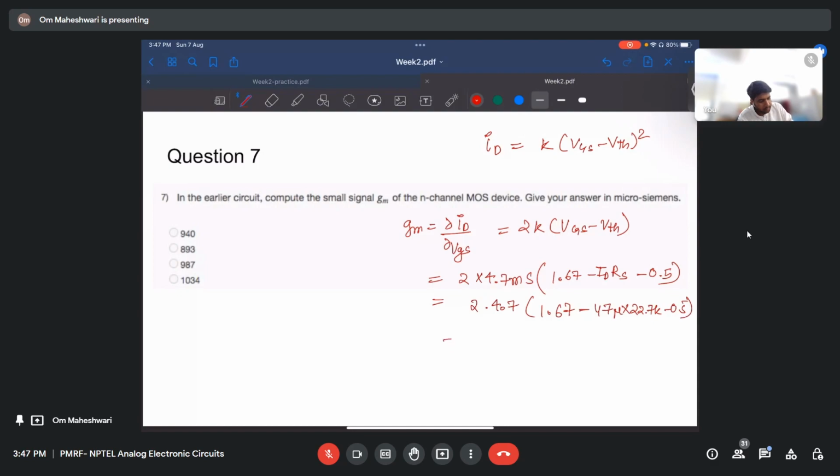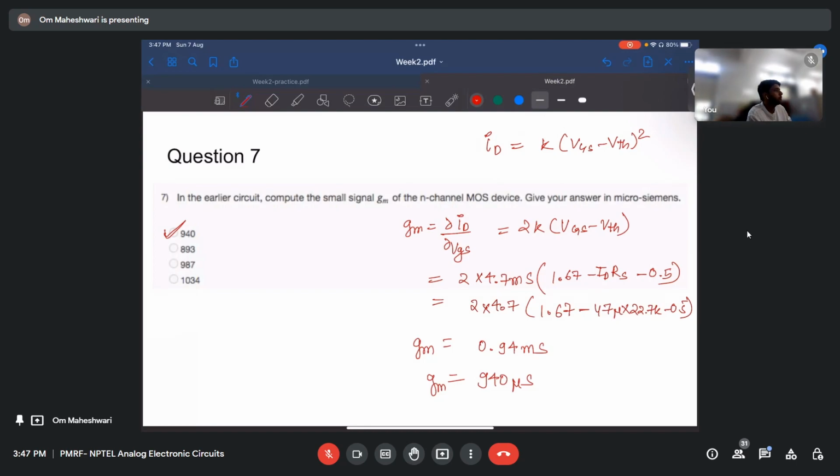This comes out to be 0.94 millisiemens, so that is 940 microsiemens. This is the answer. It is very straightforward, we are just using previous values and putting them in a formula. There is nothing that conceptual here.